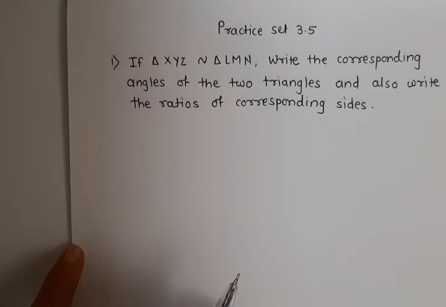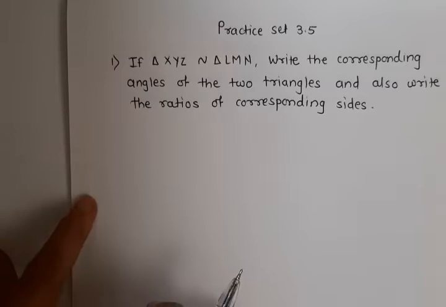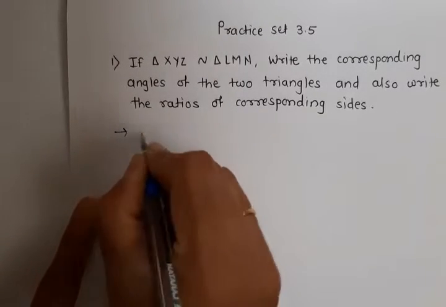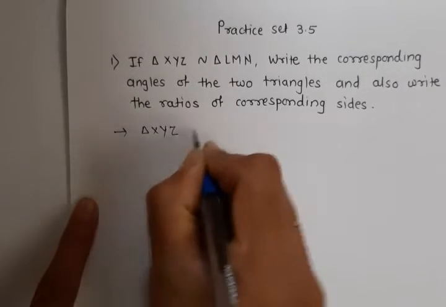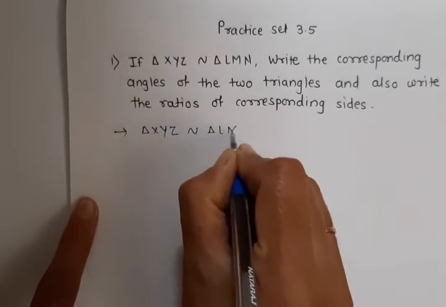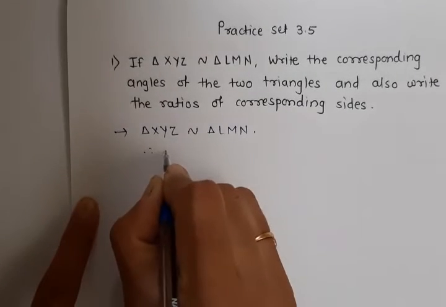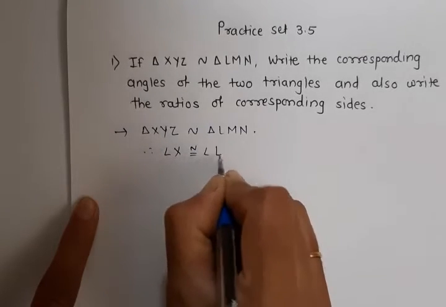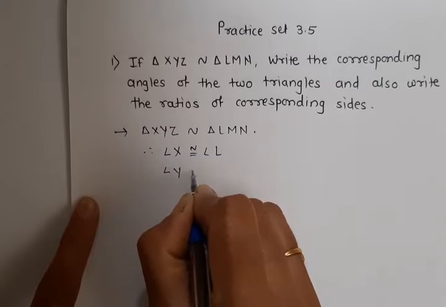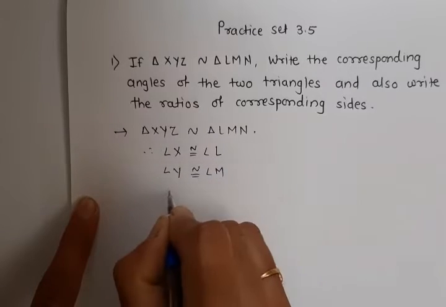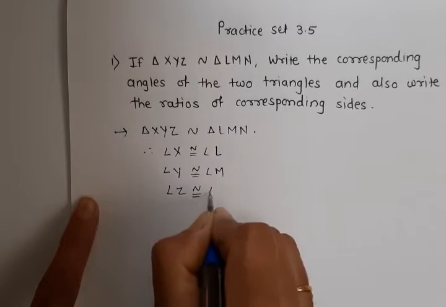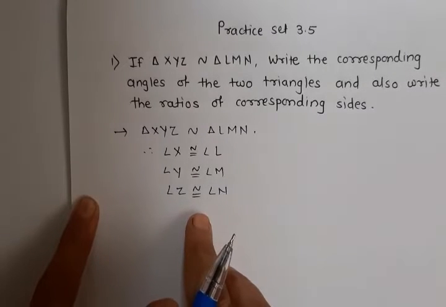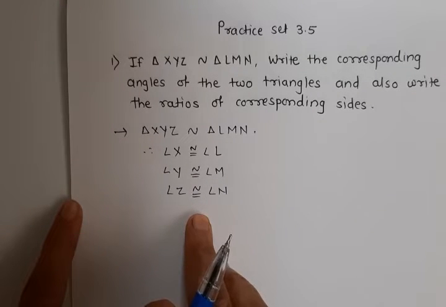If triangle XYZ is similar to triangle LMN, then write the corresponding angles of the two triangles and also write the ratio of corresponding sides. Now here it is given that triangle XYZ is similar to triangle LMN. Therefore, angle X is congruent to angle L, angle Y is congruent to angle M, and angle Z is congruent to angle N. These are the corresponding angles of these similar triangles.